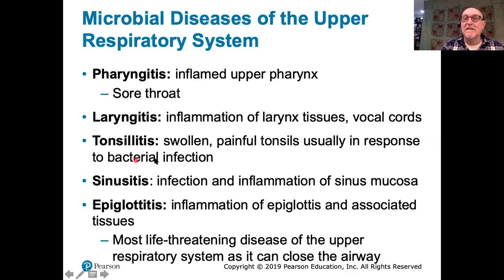And tonsillitis will be treated vigorously with antibiotics to stop the bacterial growth. That bacterial growth is usually Streptococcus. It can also be another organism called Haemophilus, which we've talked about before, and rarely Staphylococcus can cause it as well.